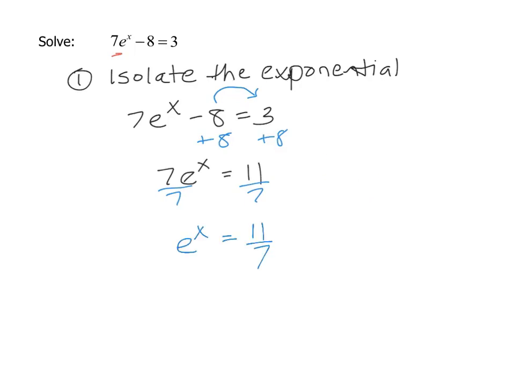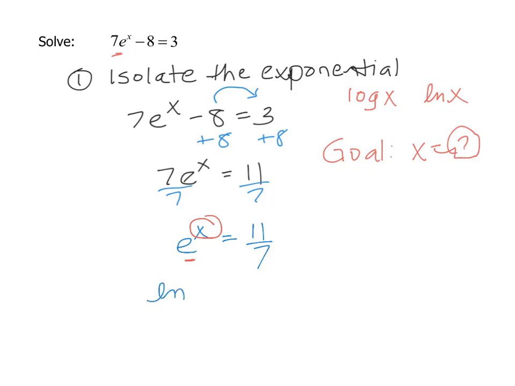Now I have my exponential by itself, and my x is stuck in the exponent. Remember, my goal is to get x equals some stuff. x is currently stuck in the exponent, but what I can do is log both sides. And remember, we have those two main types of logs, common log and natural log. Since natural log is log base e, and my base here is e, I'm going to use a natural log on both sides.